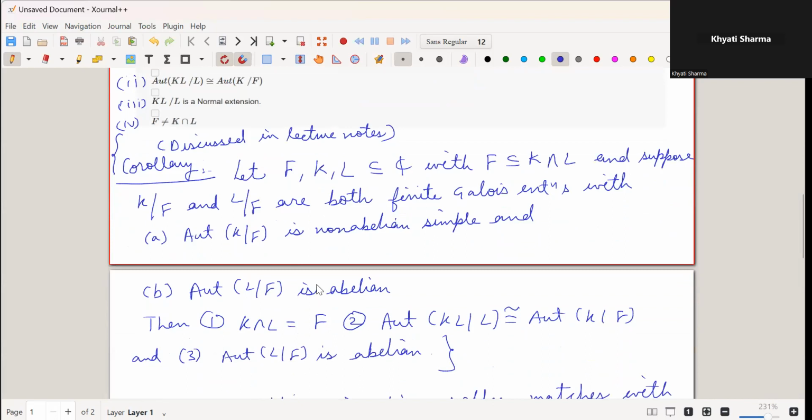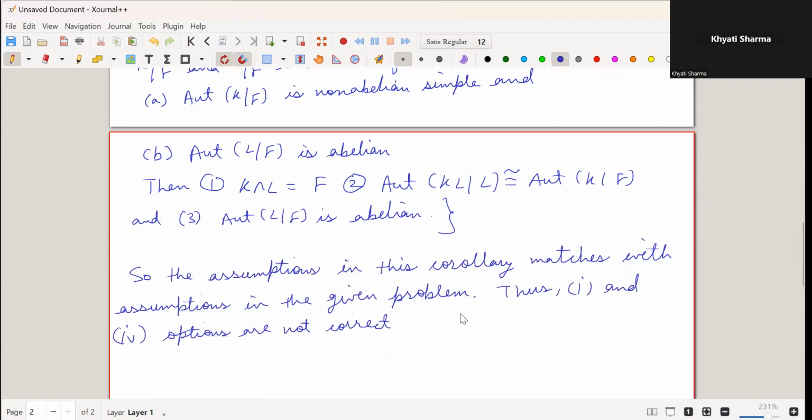So this is the assumption part. In the conclusion there were three parts.